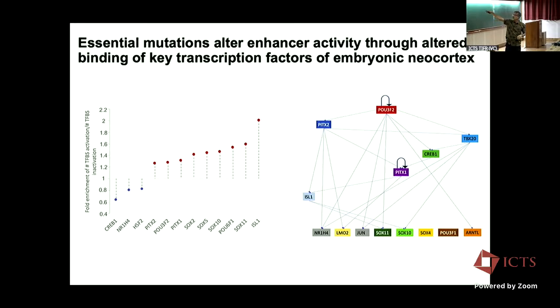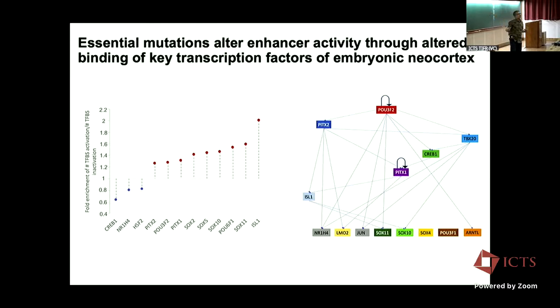Okay. And then we do a very sophisticated sort of regulatory network building for these transcription factors to come up with a core regulatory network. And it has directionality. I won't get into how we get the direction, but POU3F2 sits on the top, and all these other subordinate transcription factors, and these at the end.